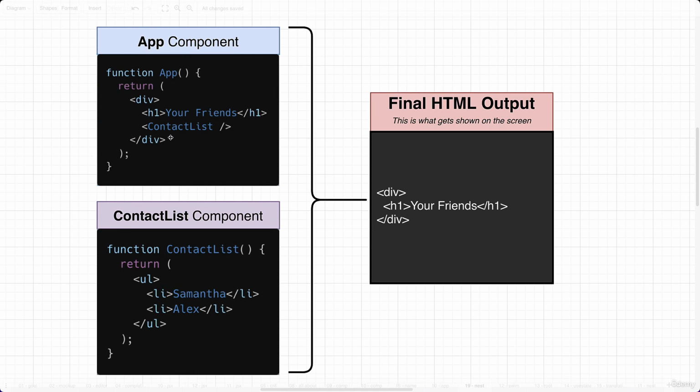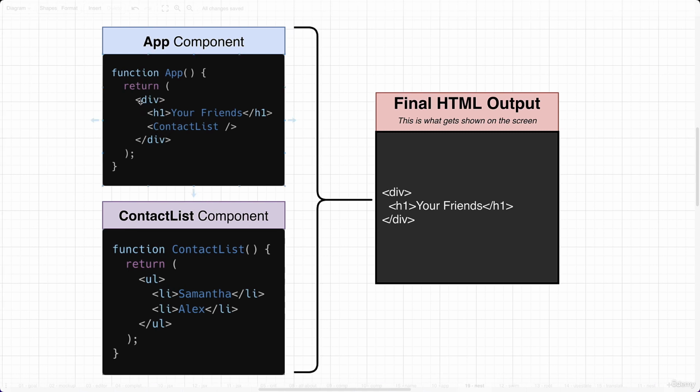Notice that there's a very small distinction between the plain HTML elements, or the JSX elements that are intended to create HTML, and contact list right here. The difference between the two is that div and h1 begin with a lowercase character. A tag that begins with a lowercase character tells React that we want to make a plain HTML element.